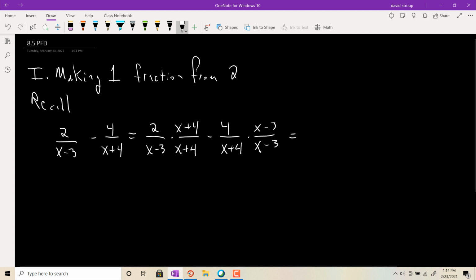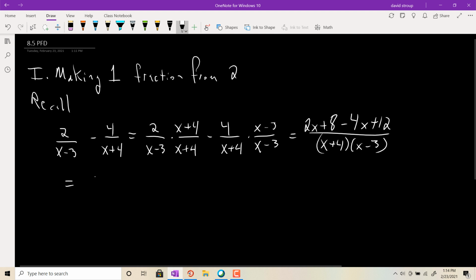Then you can combine the numerators over the common denominator. The first numerator, when I distribute, gives 2x plus 8. The second numerator will be 4x minus 12, distributing the negative, you get negative 4x plus 12, over x plus 4 times x minus 3.